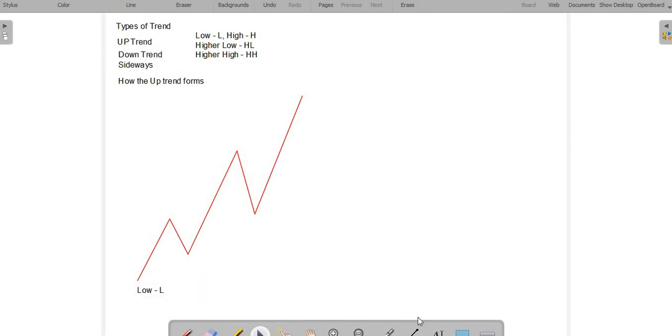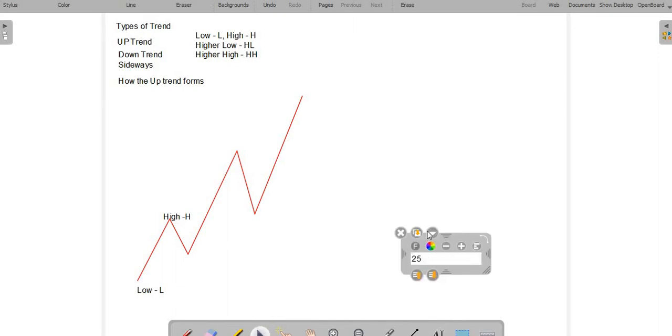Then the first high. That is the high, and this move down is a correction. I'll explain corrections later. For this correction, I'll add logical numbers.